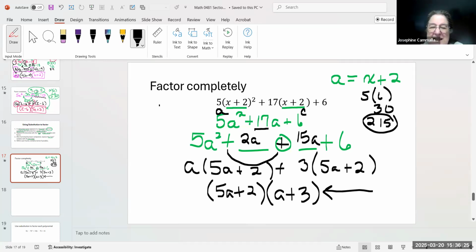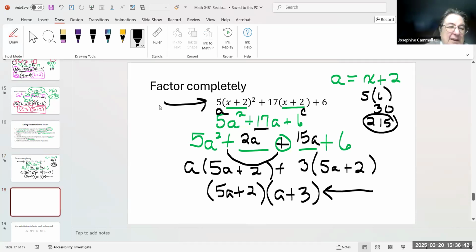But this is where I've got to finish it, because this problem had x's. This has a's. Now I'm going to go to the next slide.